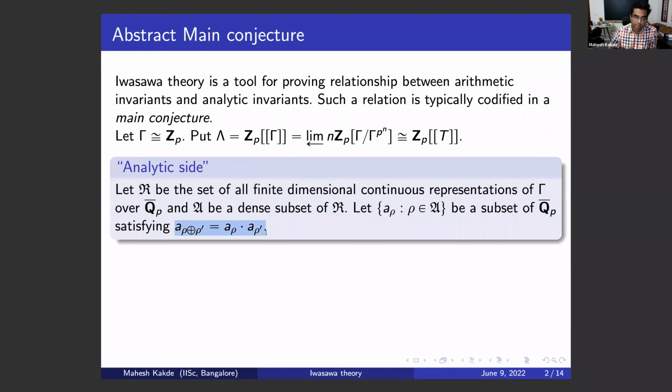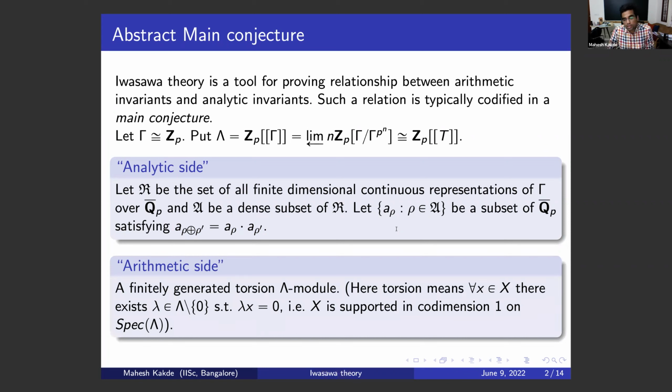So this is what you want it to satisfy. When we actually get to an example, these A_rho will be L-values. But right now it's an abstract situation where you are given some p-adic numbers. Okay, so this is the analytic side.